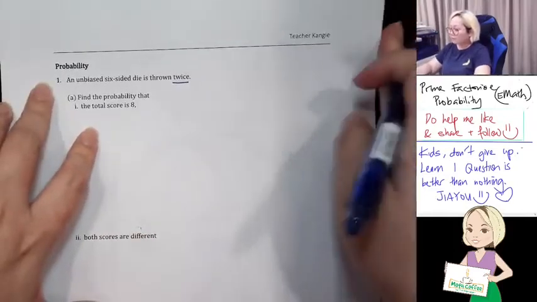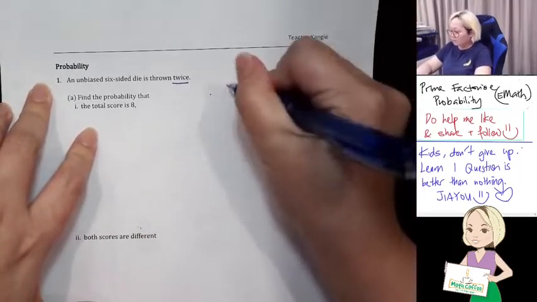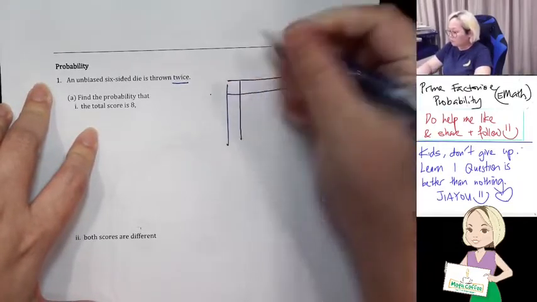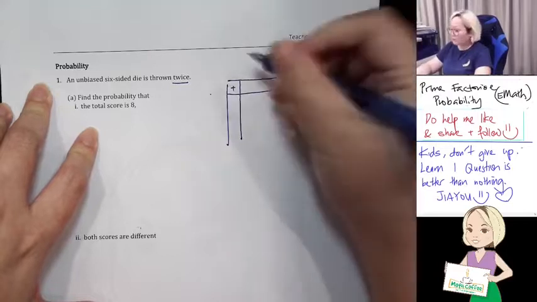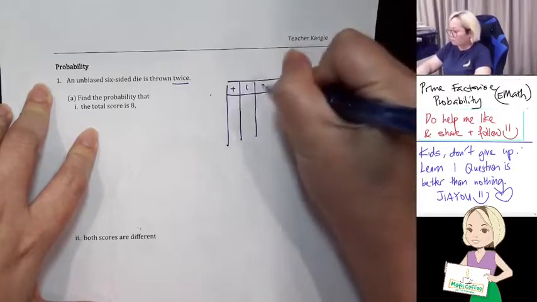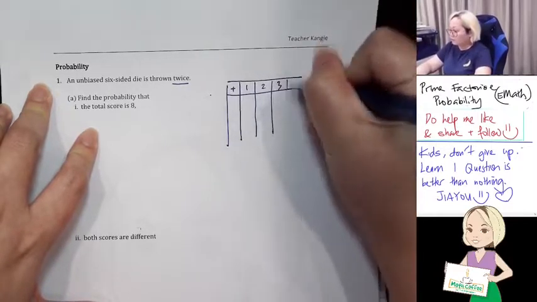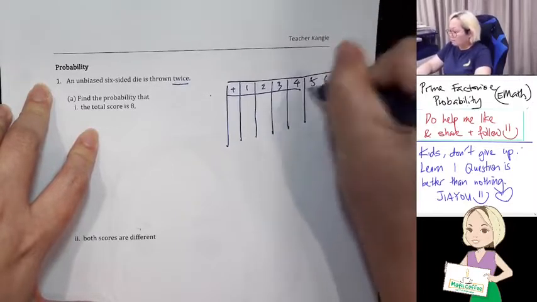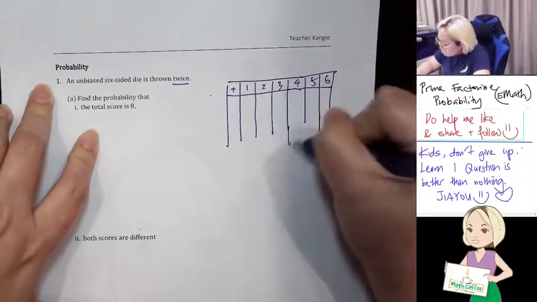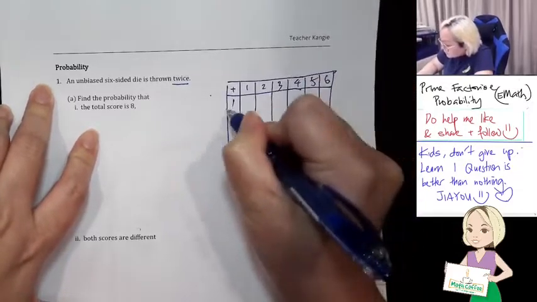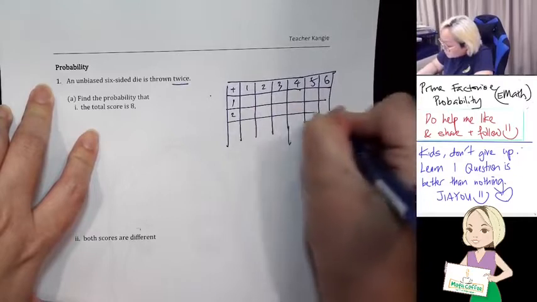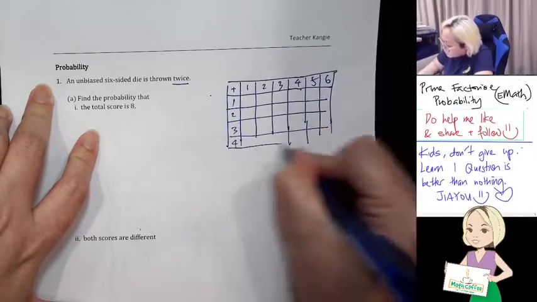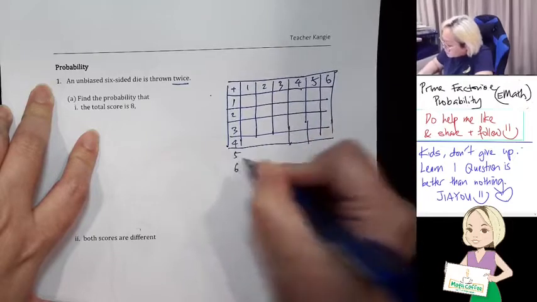Okay. So it will be, this is the addition one. So I have 1, 2, 3, 4, 5, and 6. 1, 2, 3, 4, 5, and 6.